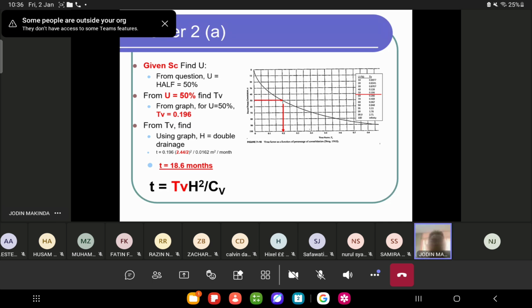And we have the CV. The CV value is in meter square per month. Remember, if CV is in square per month, meaning that your time will be in month, your H will be in meter. In this case, the time is 18.6 months. So do not forget the unit.